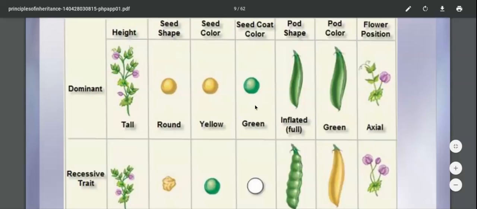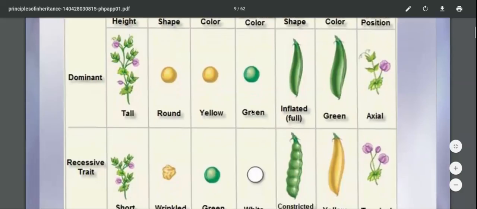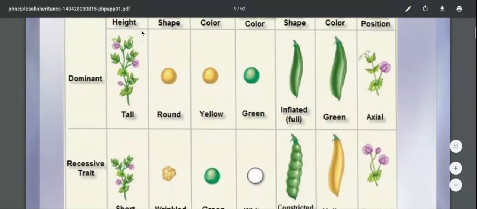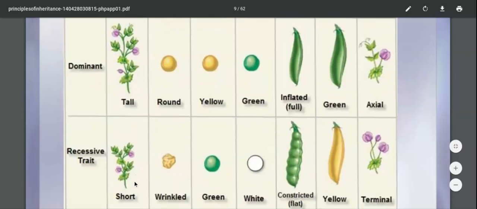So now let's take a look at the alternative forms of the trait that he selected. So if he selected pea plants based on their height, he worked with two alternating forms of that trait height. So which were the two alternating forms? Tall and short.